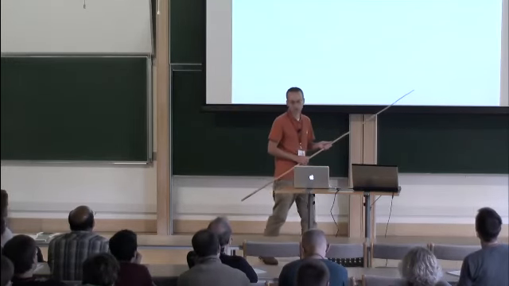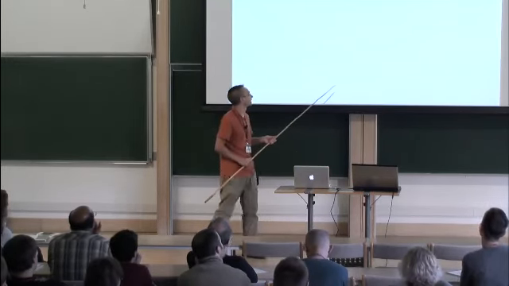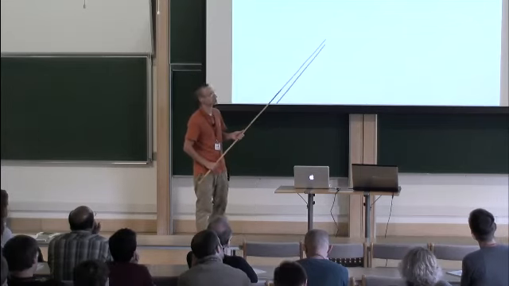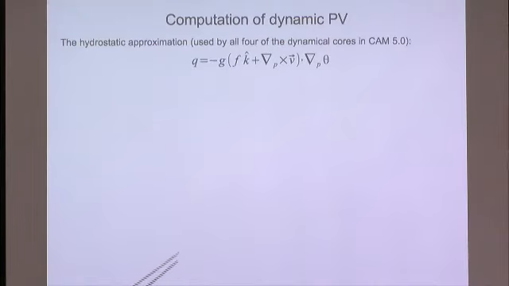So the difficulty lies in computing the dynamic potential vorticity. In the hydrostatic case, which is what we're interested in for all 4 of these models, this is the effective definition of the potential vorticity. The difficult part that you see here is that we have a gradient of the potential temperature.